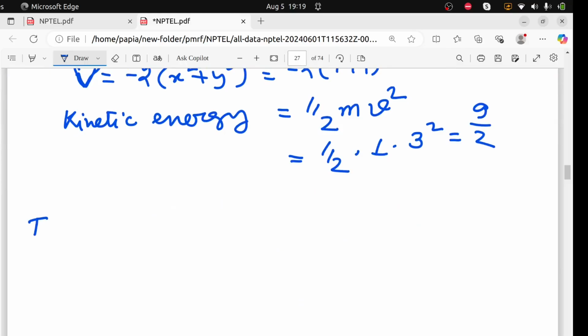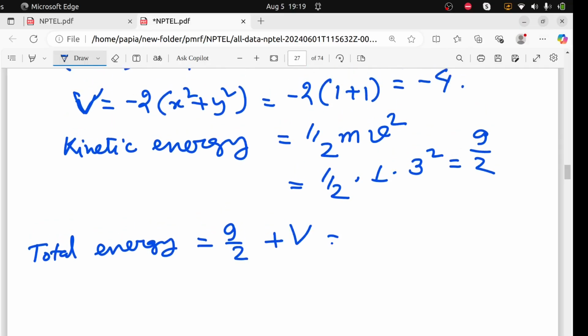So total energy is 9/2 plus potential energy. Potential energy is V, so it is 9/2 minus 4, which is 9 minus 8 over 2, that is 1/2.